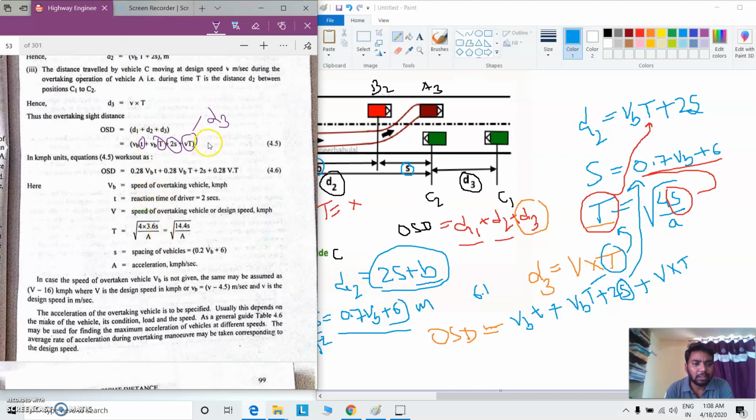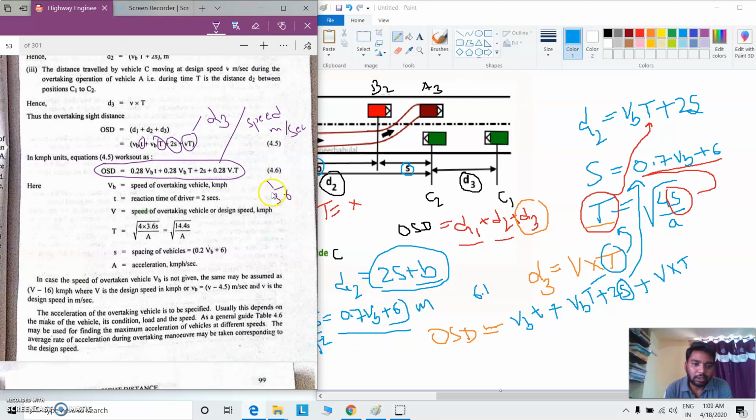The same thing is considered for speed in meter per second. If you want to calculate with speed in kilometer per hour, you need to consider this formula. Just you need to enter this v in place of vb, you have to consider in kmph, that is 1 by 3.6.